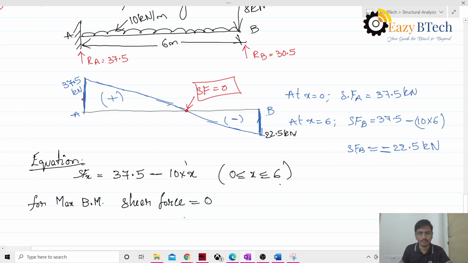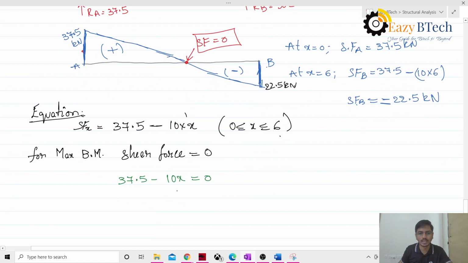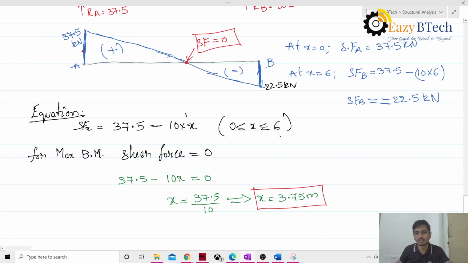So this will become 37.5 minus 10x equal to 0. Now I'd like to find what my x value is. So x is nothing but 37.5 by 10, that is x equal to 3.75 meters. So at x equal to 3.75 meters, I'll get the maximum bending.